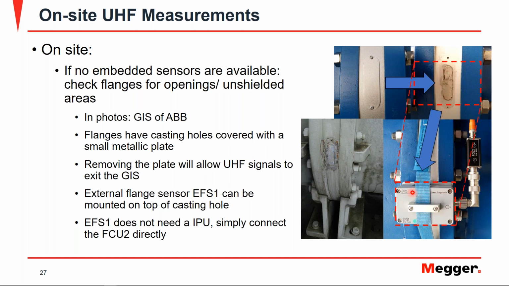Then we can use the external flange sensor and place it right over that. Again, as we saw before, we have our frequency converter unit, with no input protection unit necessary since the measurement is external, and then out to your measurement device. It allows you to perform your measurement by the UHF escaping through those epoxy or casting holes, as you see here as well.